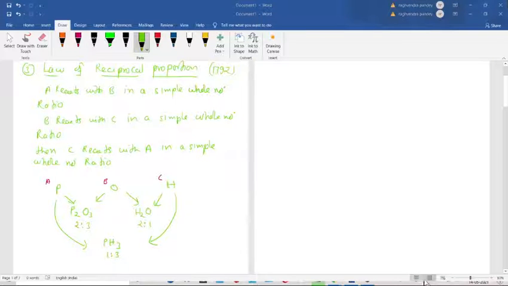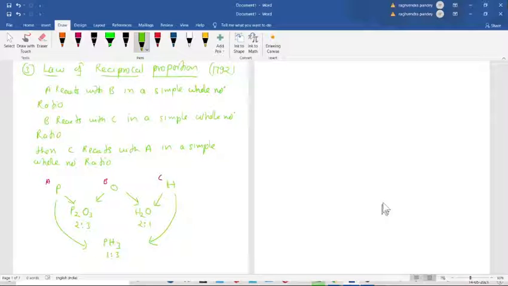Whether you are using a laptop or a mobile, my suggestion is that you download the NCERT, because reading on a laptop is easier. You don't have to carry everything.